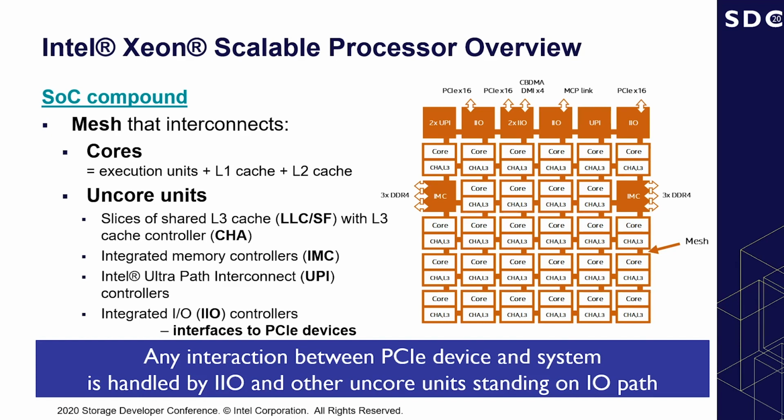As it requests or sends data, it's going to go through that IIO unit. It's going to be touching on a particular CHA or memory controller and accessing L3 cache or DDR. We'll go into that more later.